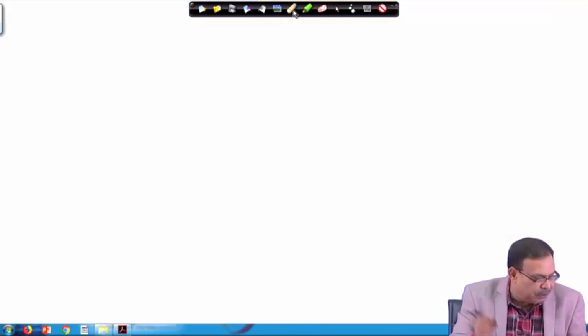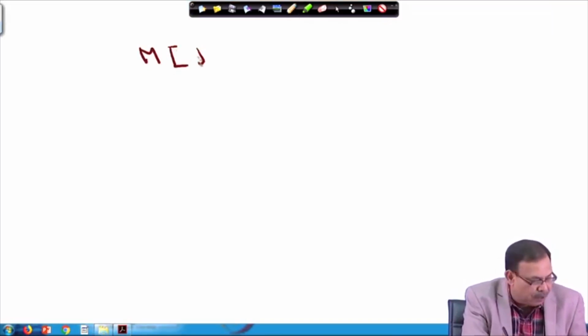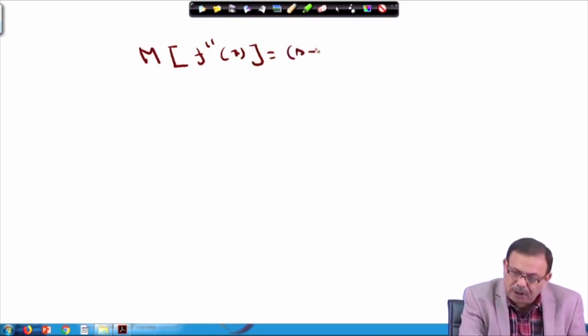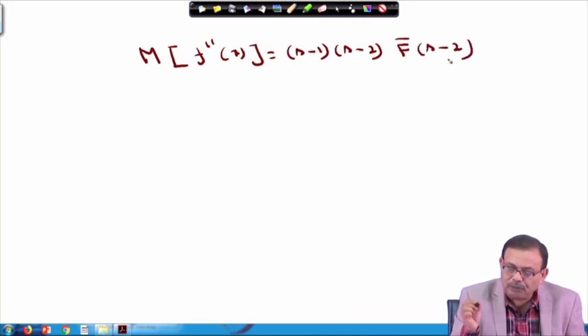In the same way we can show that the Mellin transform of f double dash x is (s minus 1)(s minus 2) into f bar (s minus 2). So, minus and minus will come together: the Mellin transform of f double dash x equals (s minus 1)(s minus 2) into f bar (s minus 2).